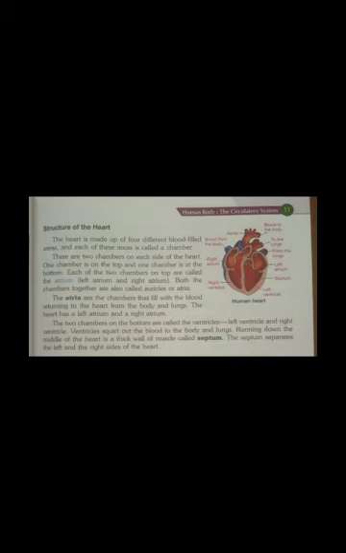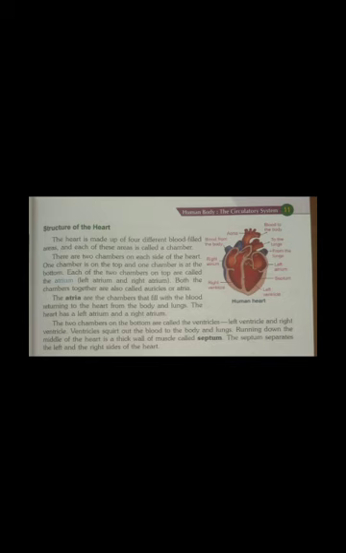And this happens 72 times in a minute in a normal adult. If sometimes we are doing some exercise or some aggressive work, then this will increase. That means the heart beats more than 72 times in a minute.